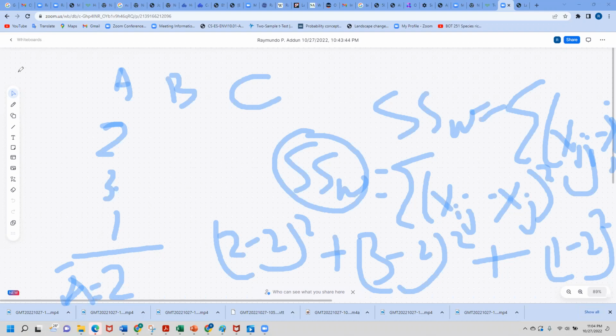So that's how you find it, and then how do you find the mean? Because it's just the mean sum of squares.